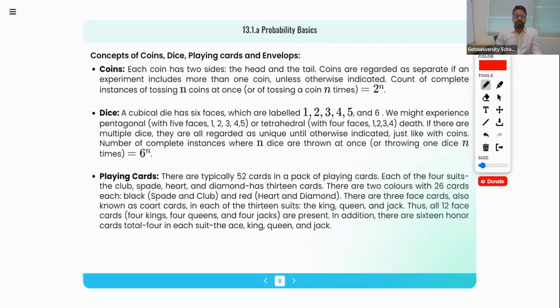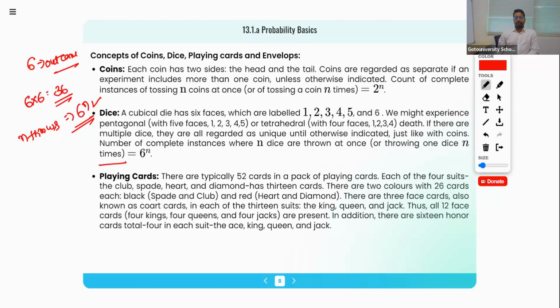Similarly, if you throw a die, there are 6 outcomes, right? But if you throw two dice, it is 6 into 6, 36 outcomes. In general, n throws will give you 6 power n outcomes. That's for a coin, and that's for a die. That's what is mentioned here.